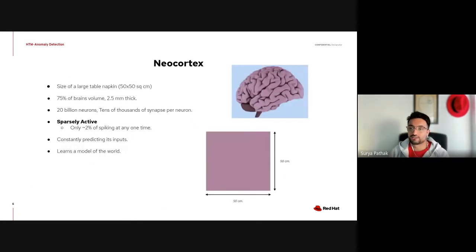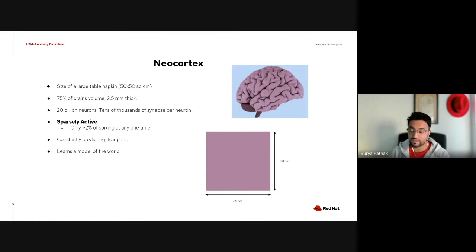We talked about HTM being conceptually similar to the neocortex. What is the neocortex? The neocortex is the part that you are seeing in the picture. It's a part of the brain, covering the brain. It's the size of a large table napkin, which is about 50 by 50 square centimeters. Whatever I do, whatever I think, how I behave, completely depends on this neocortex.